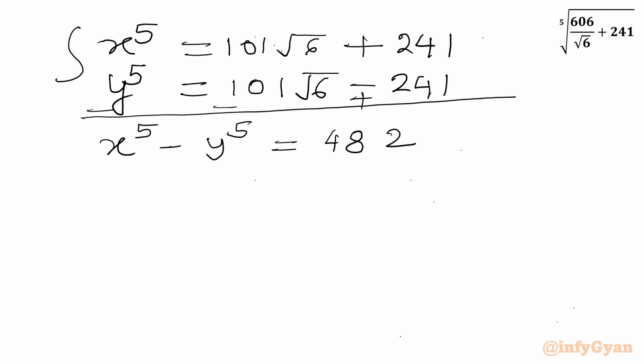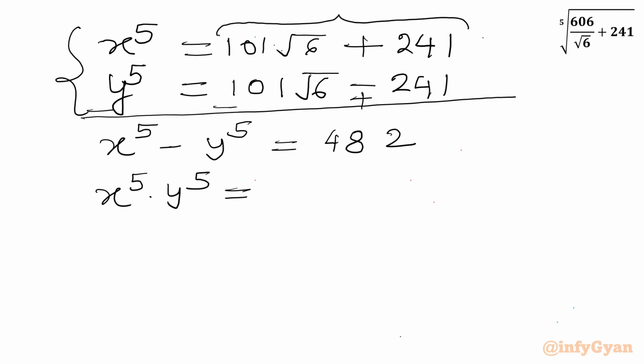Now I will take the product of these two. x power 5 times y power 5 equal to 101 root 6 plus 241 times 101 root 6 minus 241. So the difference of two squares formula will be applicable. I will write 101 root 6 whole square minus 241 whole square.